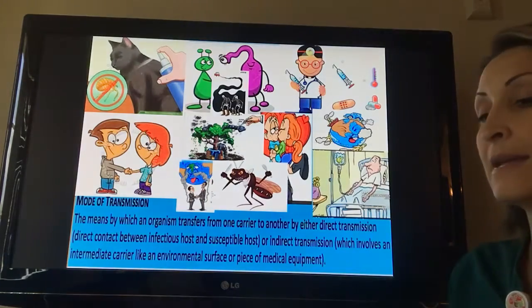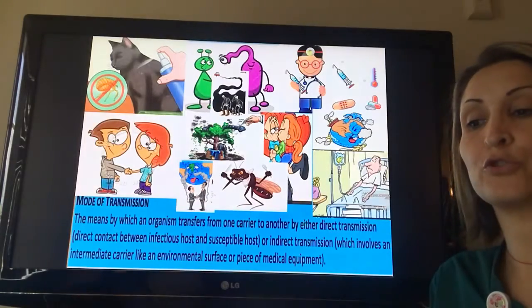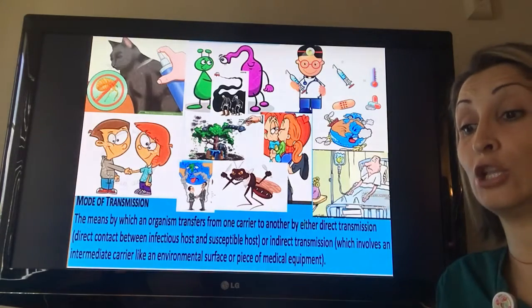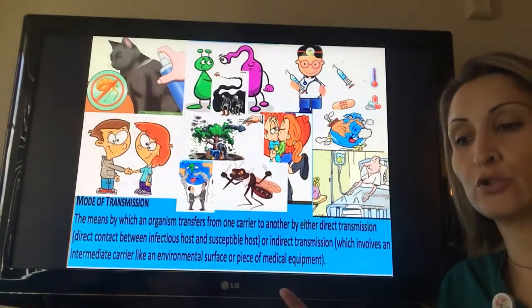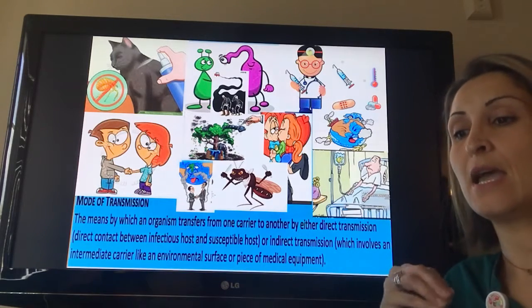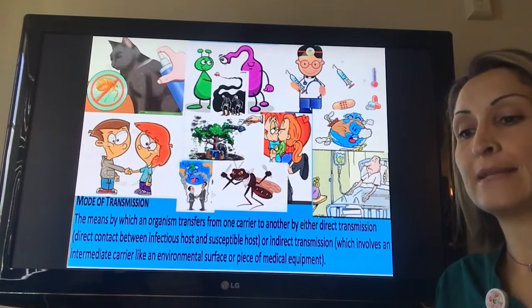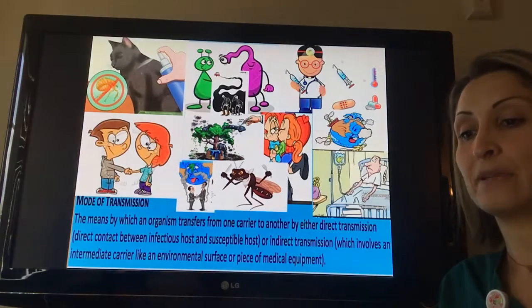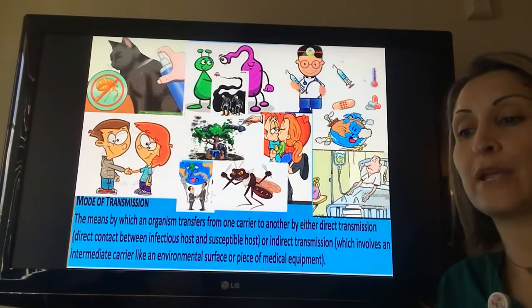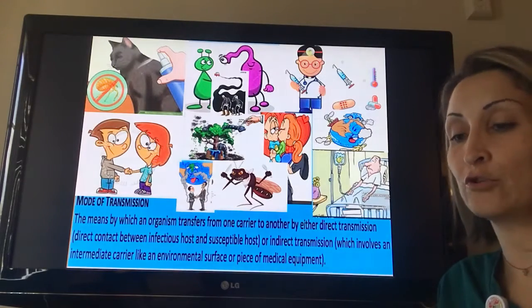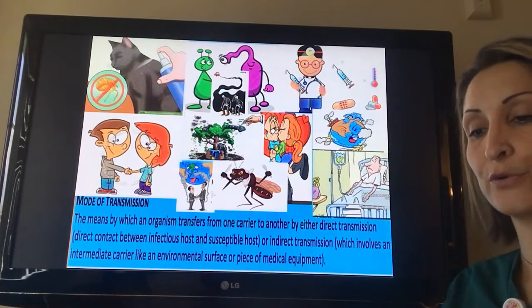Droplet spread refers to spray, relatively large, short-range aerosols produced by sneezing, coughing, or even talking. Droplet spread is classified as direct because transmission is by direct spray over a few feet before the droplets fall to the ground.